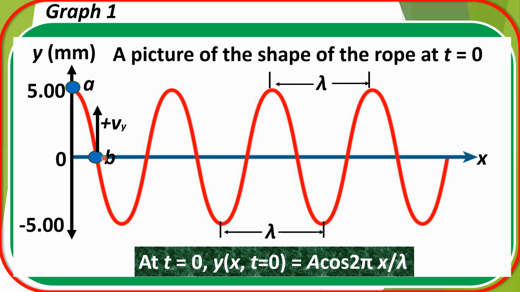Now, the other particle at the same instant, time equals 0, particle C is at its maximum negative displacement and momentarily at rest as well. Particle D is also at the equilibrium position, but it is moving in the downward direction, so its instantaneous velocity is negative v sub y.